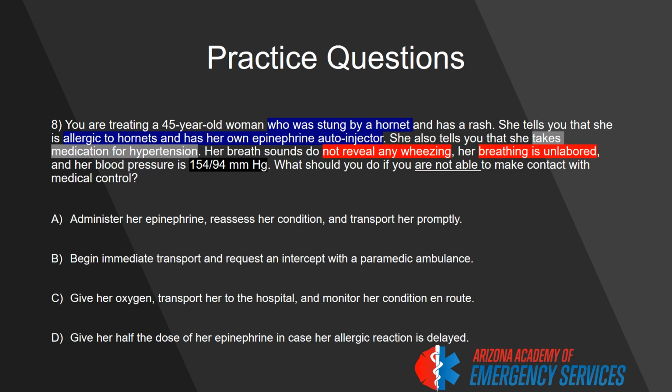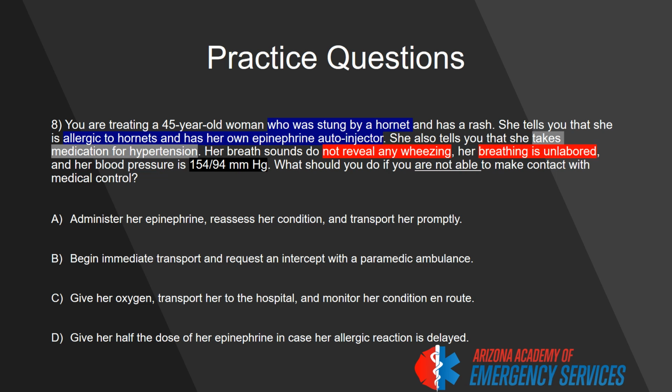So we are not going to administer epinephrine, which is key to finding the correct answer option for this question. The essence of the question, however, is what should you do if you are not able to make contact with medical control? If you are not able to make contact with medical control, then you have to fall back on your standing orders.